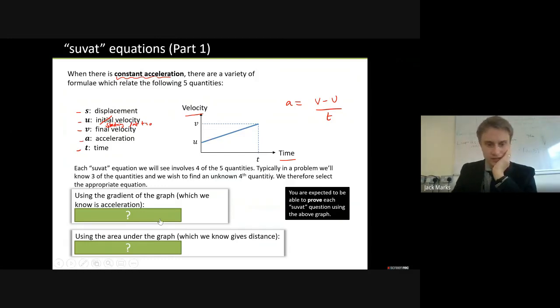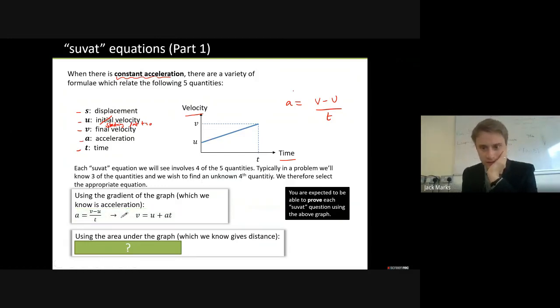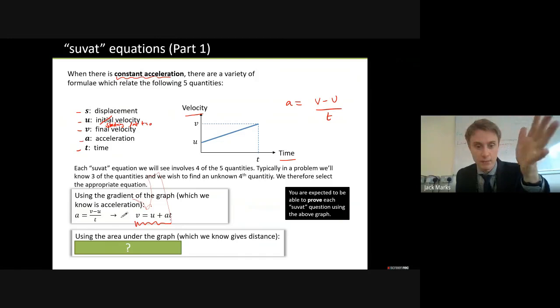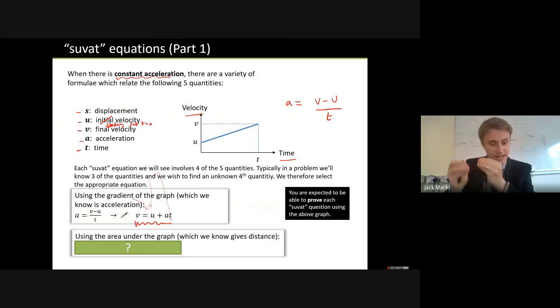So that's our first SUVAT equation. It can be used in this form, but it's normally written like this. It reads: the final velocity is the same as the initial velocity plus acceleration acting for a given time. That's the way I like to think of that. So using the gradient derives this one here.